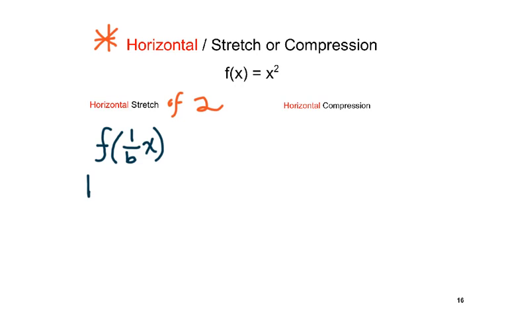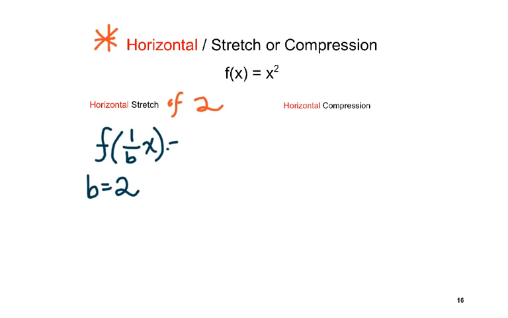Now, in this case, b is equal to 2, right? So that means for all the x values, this is going to look something like this. f of 1 over b, here, let's do it this way.